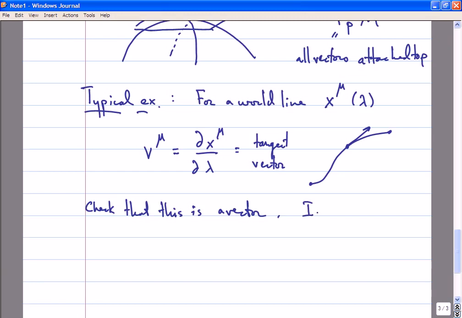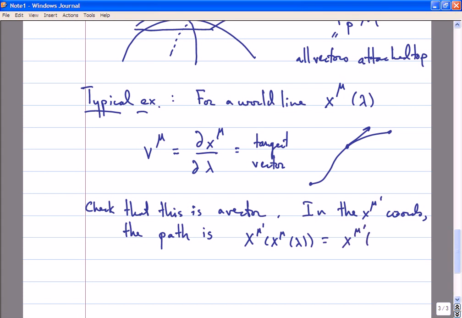So in the x mu prime coordinates, the path, or the world line, that we're considering is given by thinking of the x mu primes as a function of the x mu's, and then regarding those x mu's as a function of lambda. So that's x mu prime of lambda. And v mu prime, by definition, is dx mu prime by d lambda.